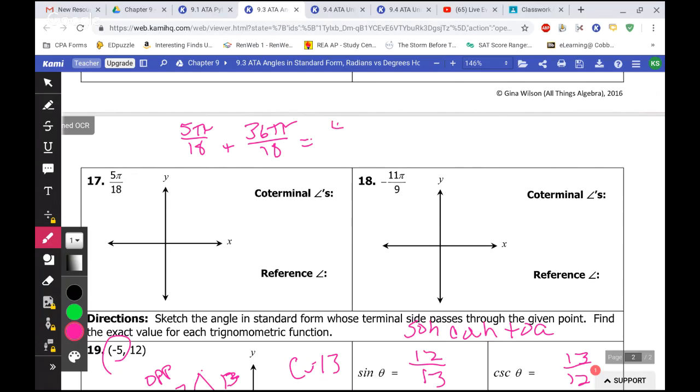Can you say that again? I do it old school. You enter 5 divided by 18 plus 2, and then hit math, enter, enter. Do you remember that now? Yes. And then you need to make sure you get a negative one. And in this case, you will.